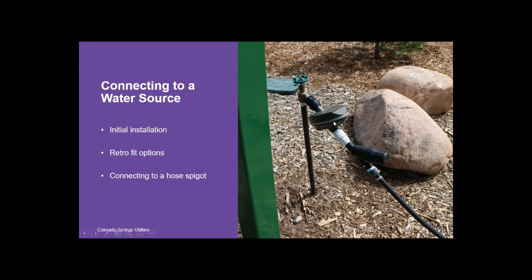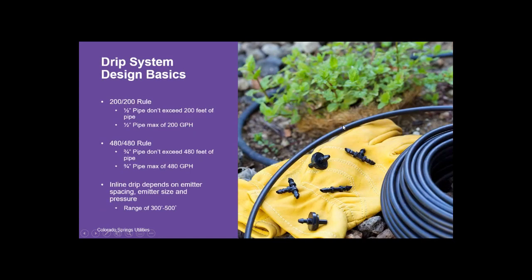One of the things with these timers is you have to leave this hose spigot on in order for this timer to work properly, because this timer is going to tell this system when to let the water flow beyond that point. So this hose spigot will have to be constantly left on. This also can be accomplished without the timer, and you can just simply manually turn on your hose spigot to water that drip irrigation area.